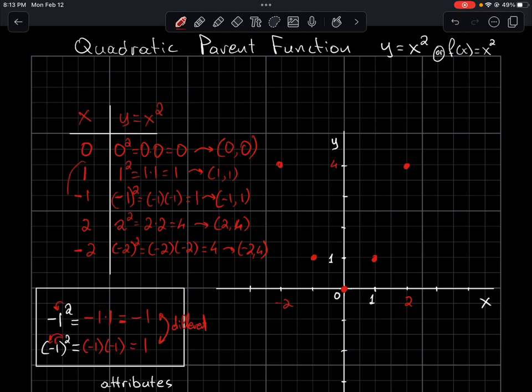No matter if I plug in negative 1 or positive 1, the output is 1, meaning positive. Also, no matter if I plug in 2 or negative 2, the output is 4, which is the same and positive. That happens because the square is going to kill any negative number you're going to plug in. And this repetition here, 1, 1, 4, 4, is indicative of some symmetry that describes this function.